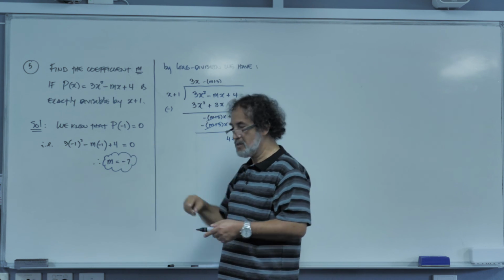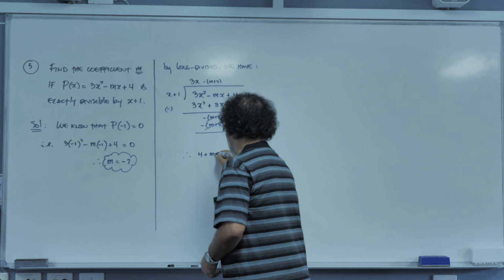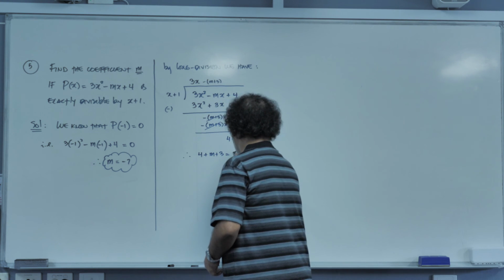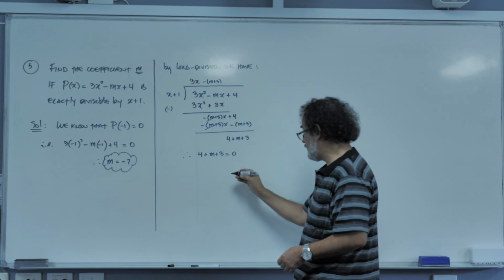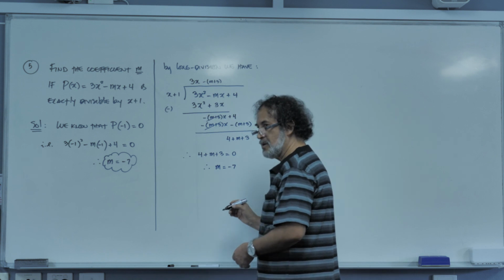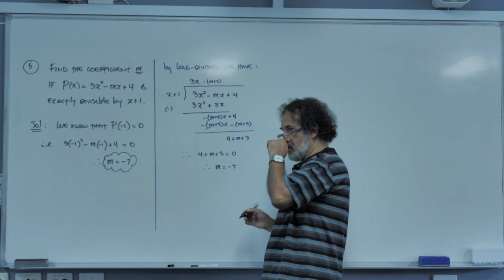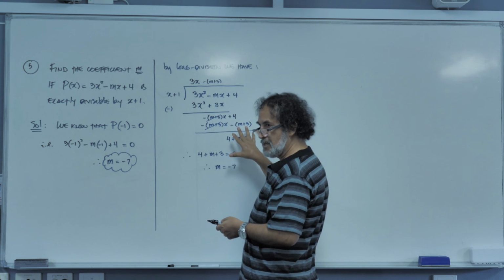Okay, that is given. So therefore, 4 plus m plus 3 has to be equal to 0 because this is the remainder. So therefore, m again is equal to -7. All right? Okay, so can you see that there is consistency between this and this?